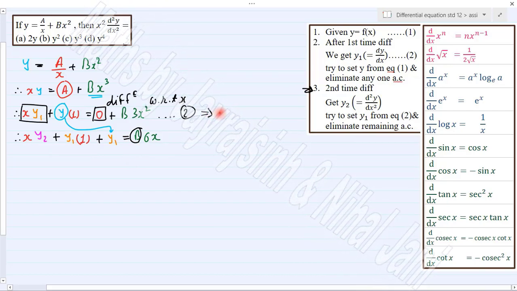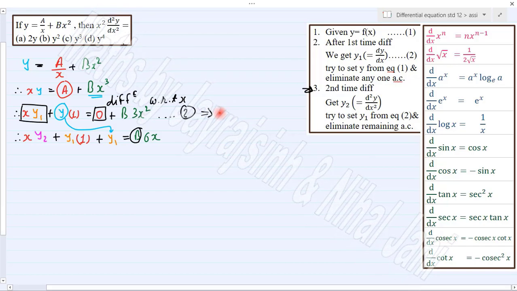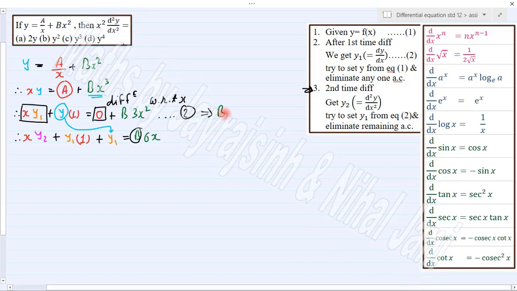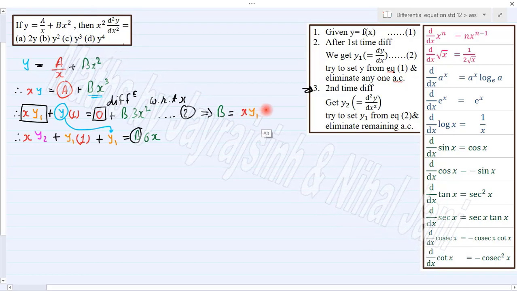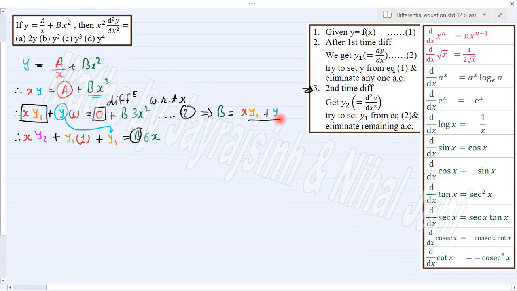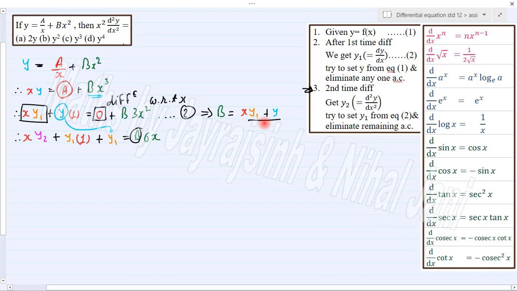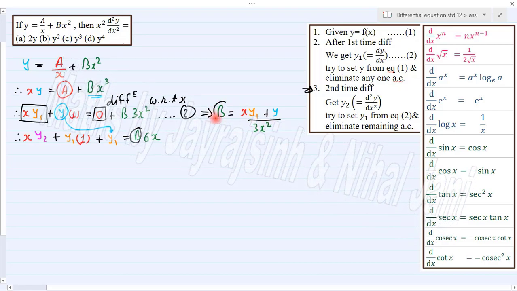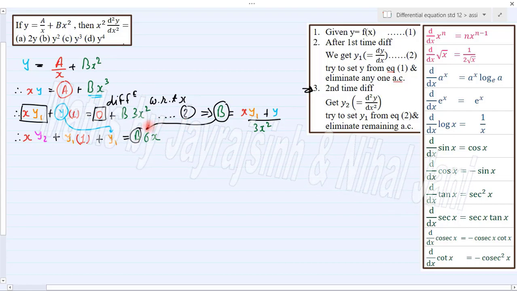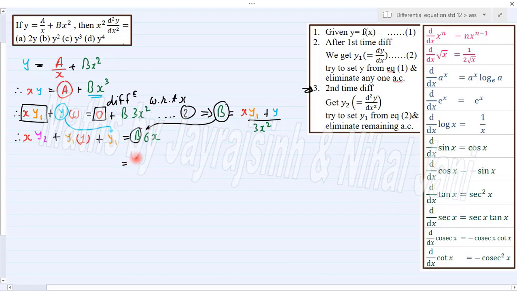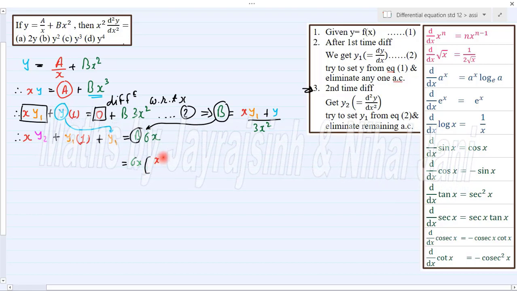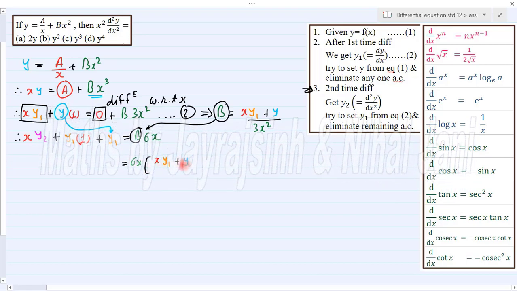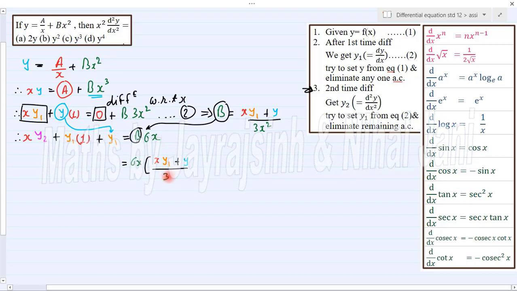Now as we know, we have to eliminate our arbitrary constant b, and for that we have to use our second equation. From the second equation we can say b is simply x into y1 plus y, whole divided by 3x square. So if we substitute the value of b on the right hand side, we will get 6x into (x y1 plus y) upon 3x square.